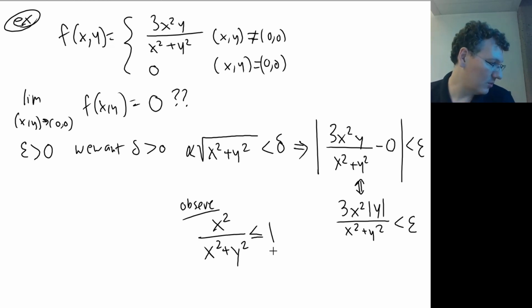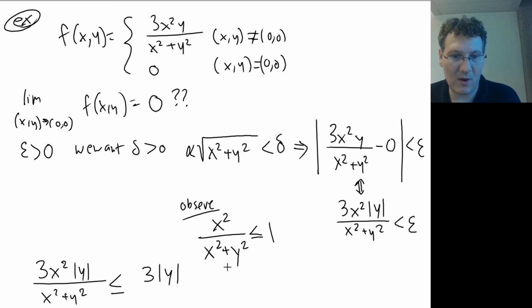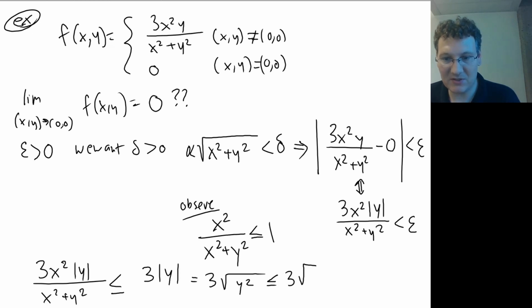And so we can make this chain of inequalities: 3x squared times the absolute value of y over x squared plus y squared is less than or equal to 3 times the absolute value of y. What I'm doing is saying this part of the fraction is less than or equal to 1, which is the same as 3 times the square root of y squared, which is less than or equal to 3 times the square root of x squared plus y squared.